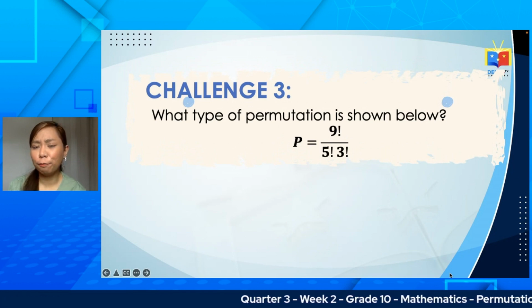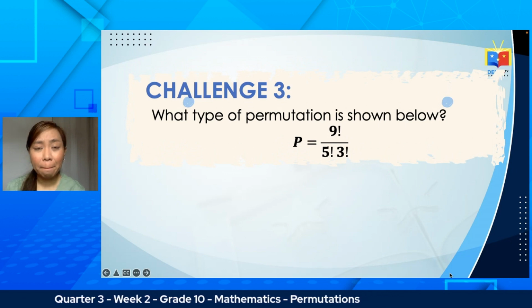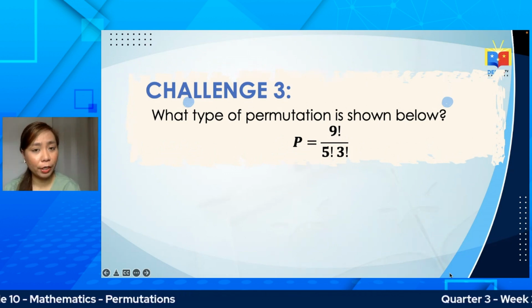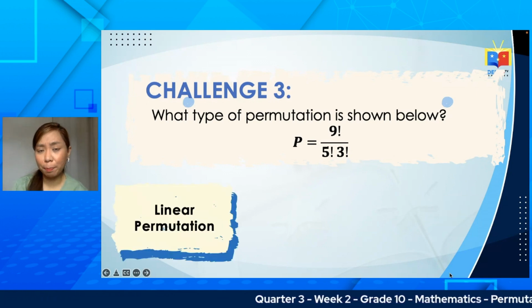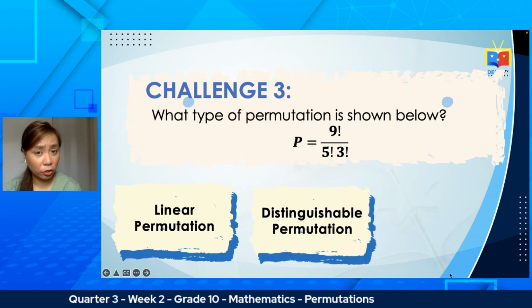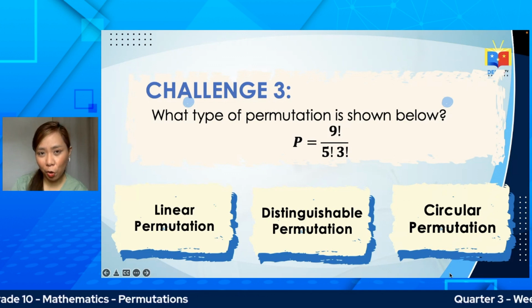What type of permutation is shown below? P is equal to 9 factorial over 5 factorial, 3 factorial. Is it linear permutation, distinguishable permutation, or circular permutation? Go.